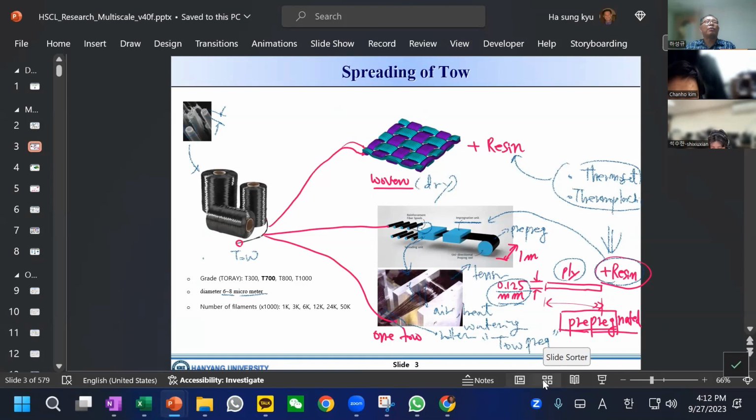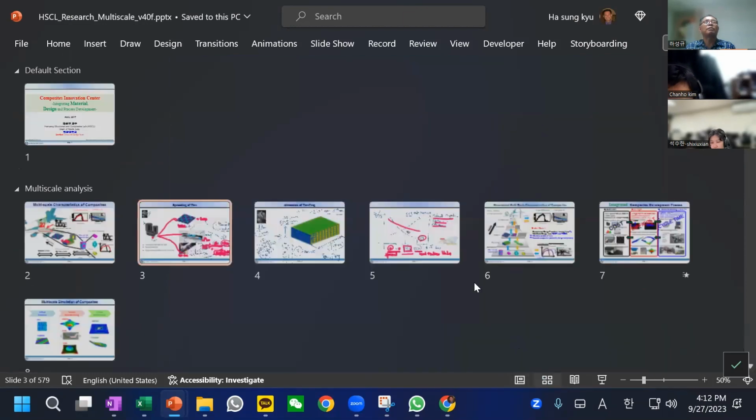Okay, so whenever you think about the composite, I hope you visualize how these tow and fabrics are made, starting from the carbon and the filament. Okay, this is a very important visualization, and then we can move to our next.